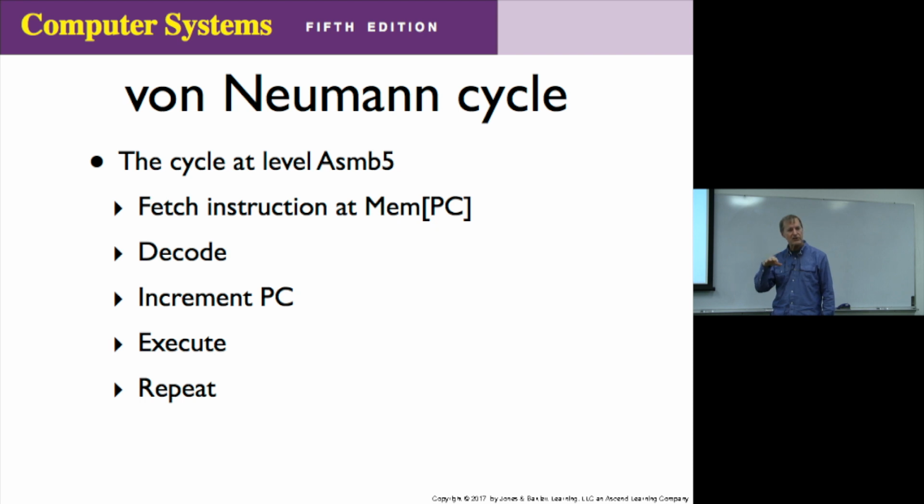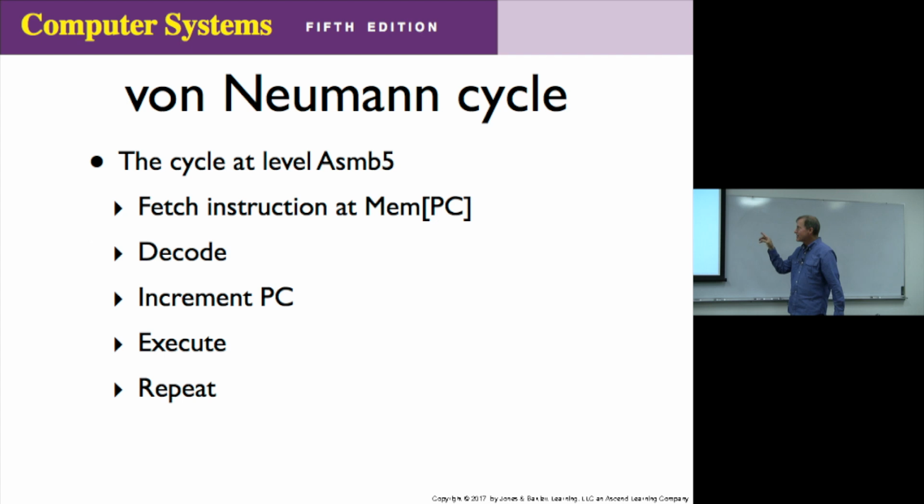And then non-unary instructions were how many? 3. Are you with me? 1 and 3. So when we learned this von Neumann cycle at the assembly level, whenever you increment the program counter, the PC, you can increment it either by 1 or by 3.